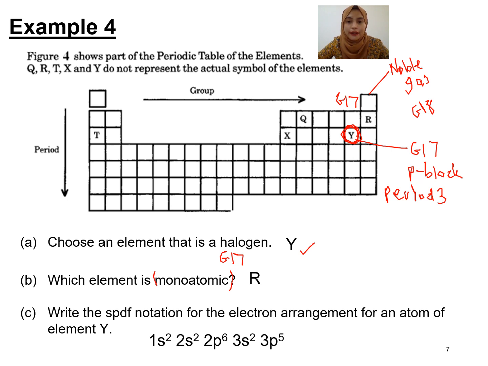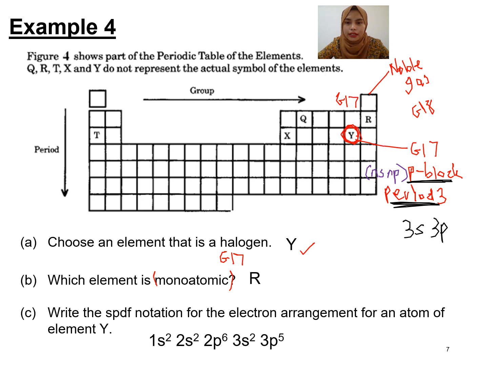Therefore, you will know that the valence electrons untuk Y, sebabkan dia kan P block, P block kan ada electronic configuration valence electron dia apa? NS and P kan. So you will know that untuk P block for element Y, valence electronic configuration untuk elemen Y ni mestilah ada NS and P. So since dia berada pada period yang ketiga, so kita boleh substitute the N here dengan 3. Okay, so dia ada 3S, 3P.